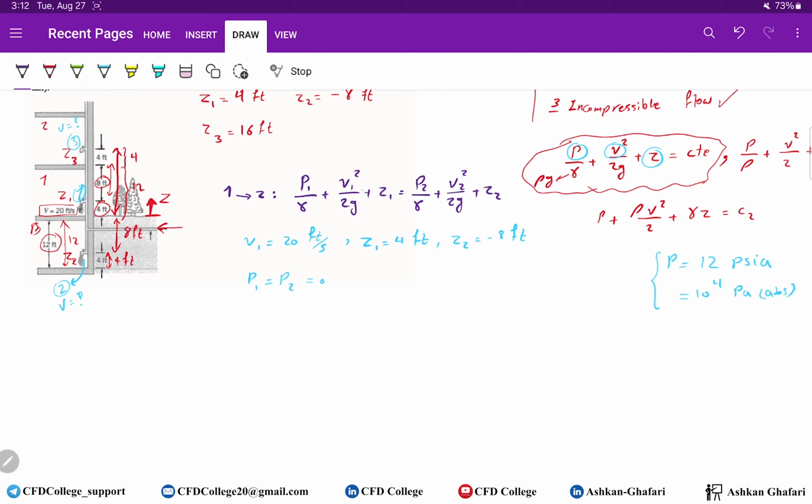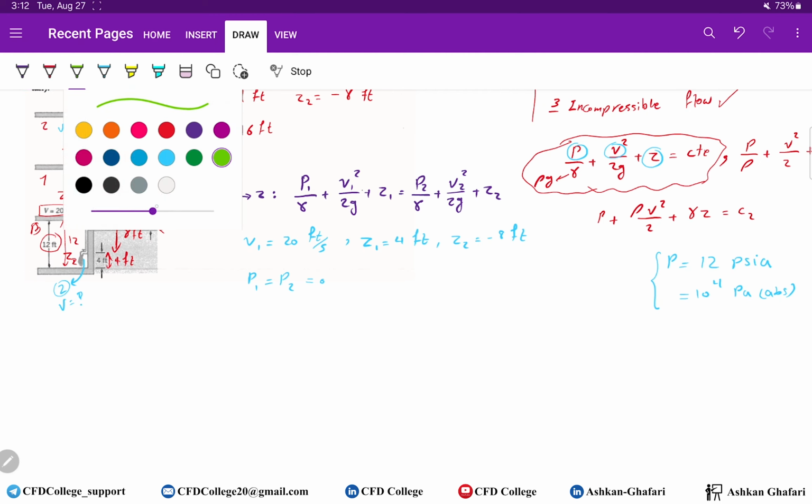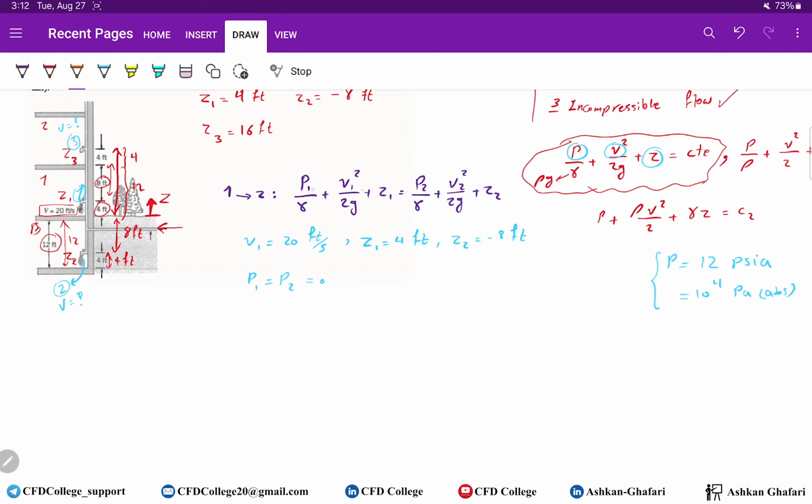So now it's easy. This term is 0, this term is 0, and we have the other values.